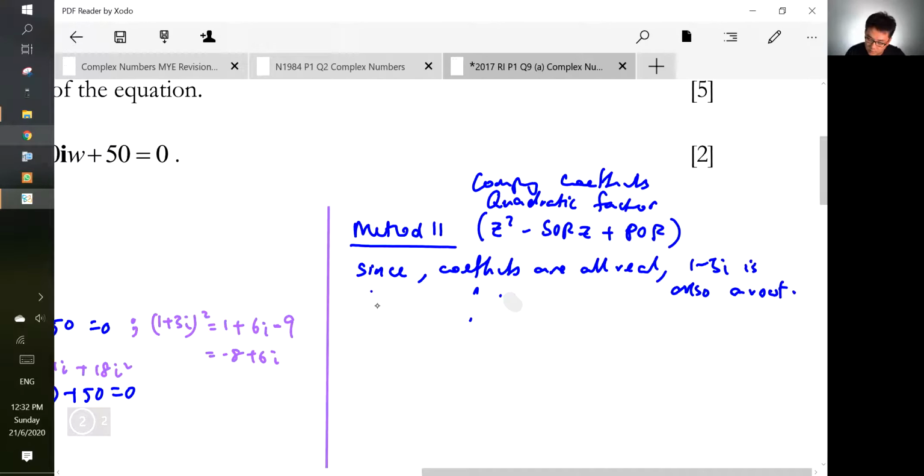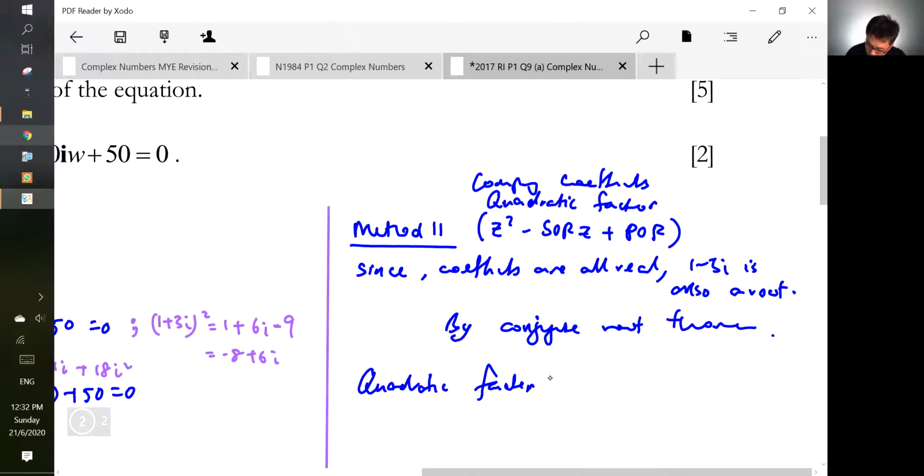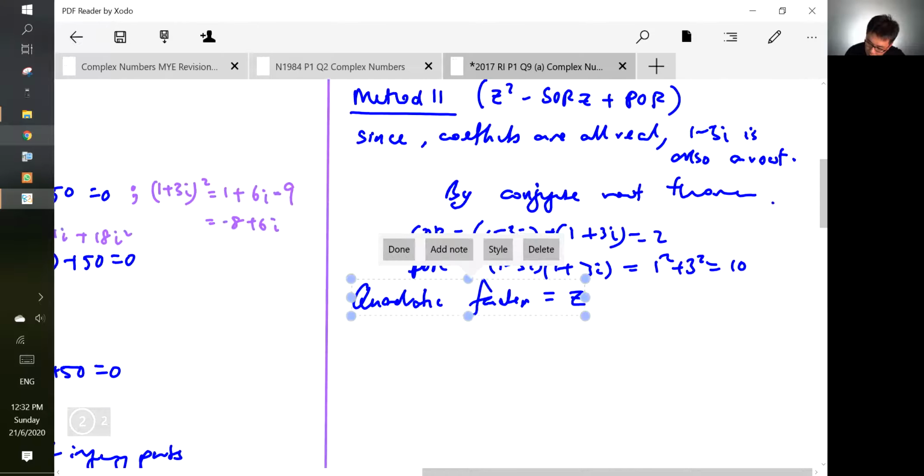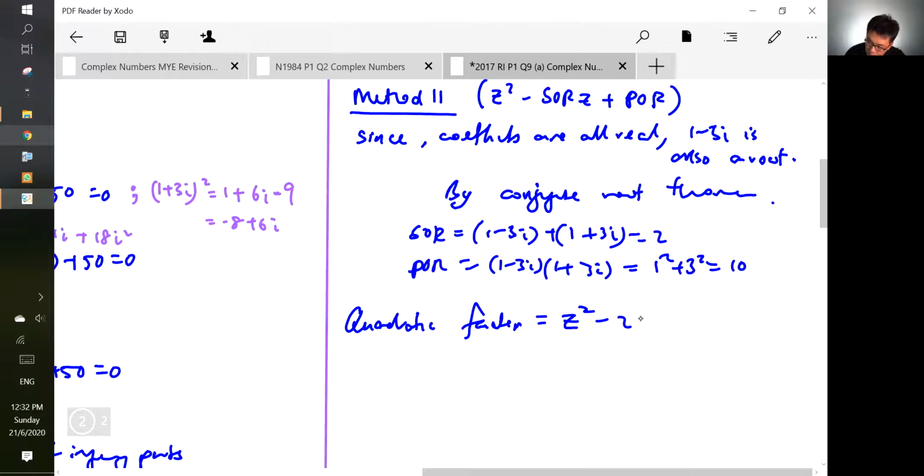So the quadratic factor would be z square, sum of roots, 1 minus 3i, product of roots, then so quadratic factor will be z square minus 2z plus 10.